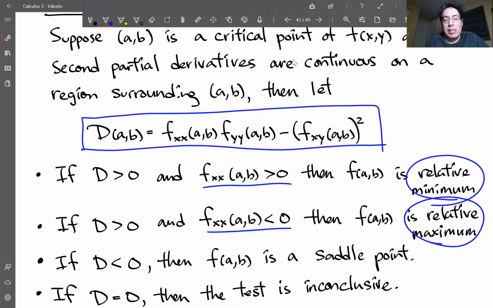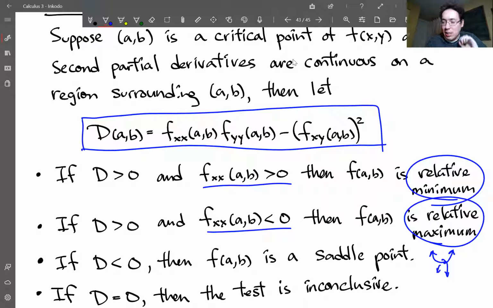If D is negative, then it's definitely neither a maximum nor a minimum. It's what's called a saddle point. It looks like the function is increasing in one direction and decreasing in another direction.